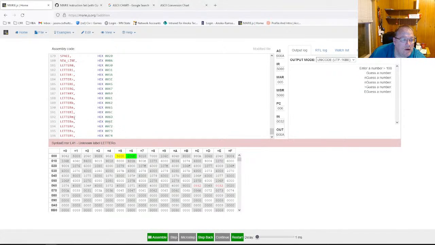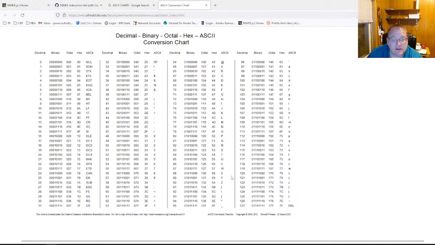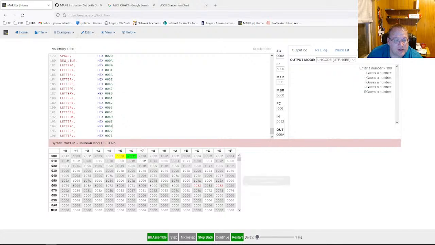Letter O, hex 006F. If I look here, little n, little o, 6F. That's correct. So that's good.